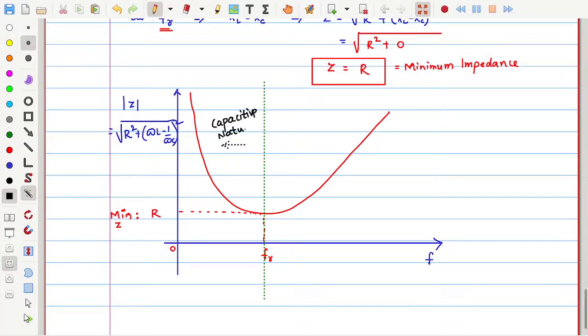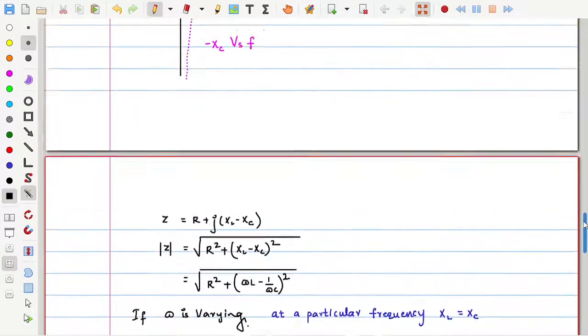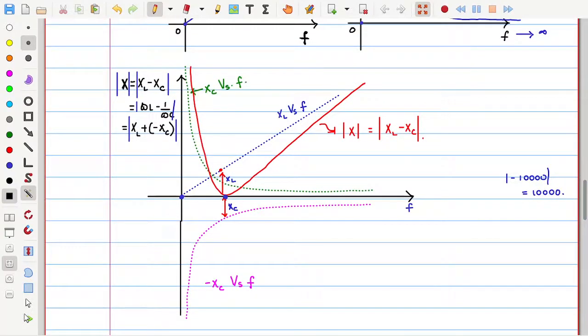Why? Because this red color line looks like the nature of XC. This is XC versus F, green color, towards this left side. The nature of this impedance is XC nature. Then after this minimum value, its nature follows the XL nature.